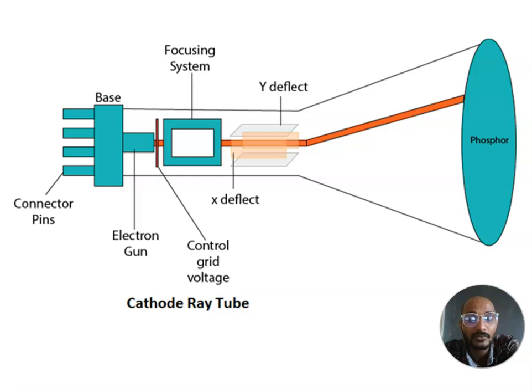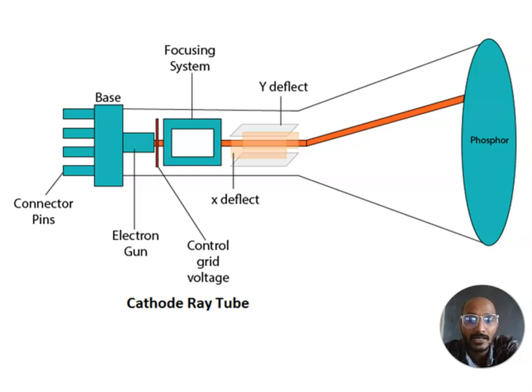How is this working? When we connect the system with the help of electricity, this electron gun starts firing electrons.